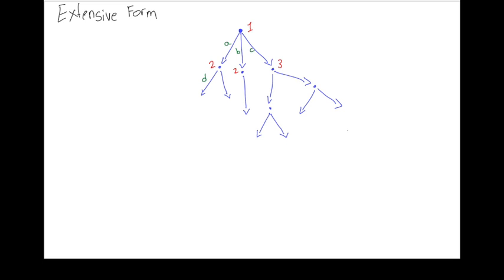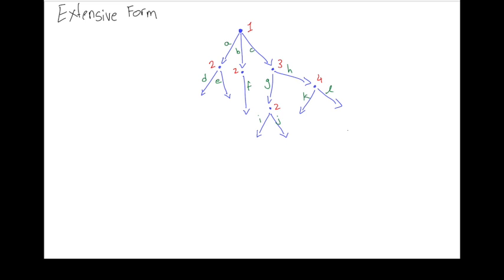So D and E, F, G, H, J. Now I still have to put in who moves here. Maybe this is player 2. Maybe there's a player 4 who goes at this node. So this is one example of a tree.